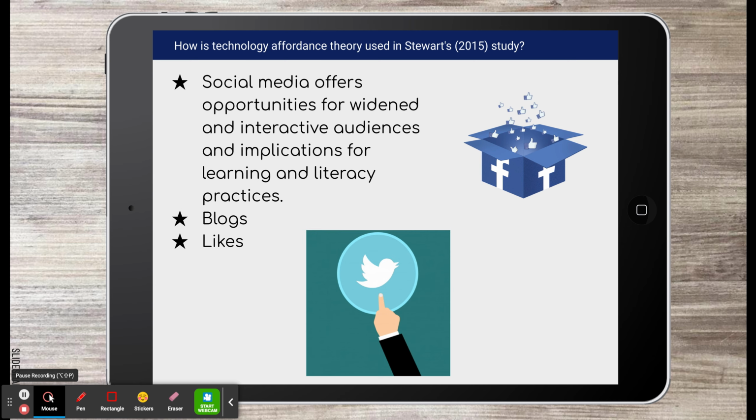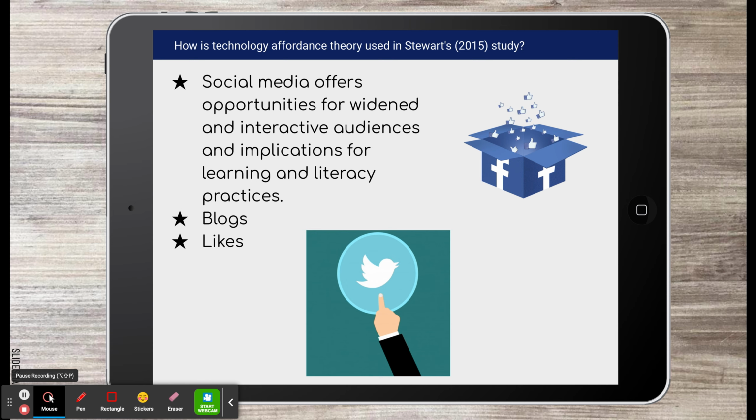So they are able to have this interactive audience. However, as far as the affordance, it's not a perceived affordance. It has to be strategized in order for it to be perceived. It's basically a hidden affordance because many students or teachers may not be totally familiar with using hashtags and making sure that whatever they're researching or want people to comment on, they utilize those hashtags so that it all can connect with each other.